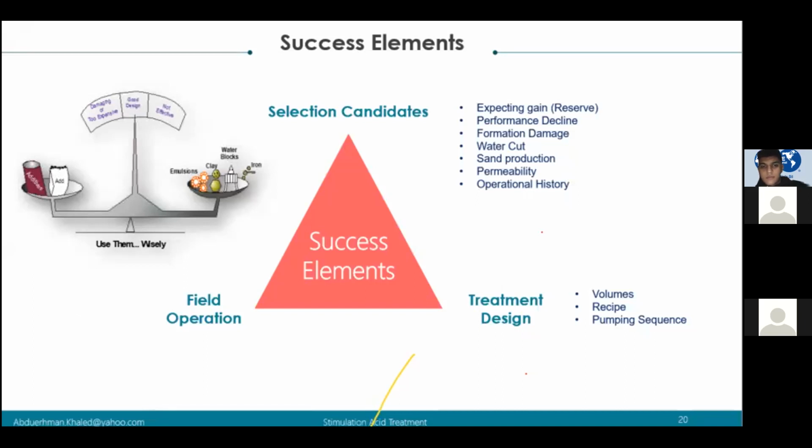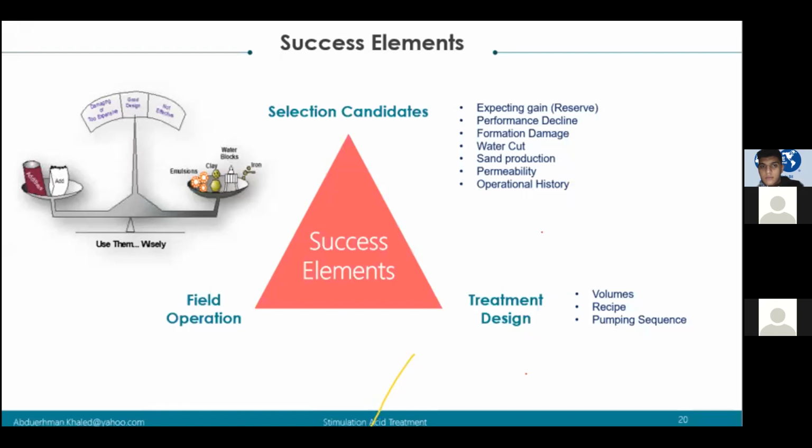In fact, HCl and HF, or formic acid, citric acid, and all these things are standard acids. However, the additives are different for each service company. So the design will be done according to the additives that the service company can provide.